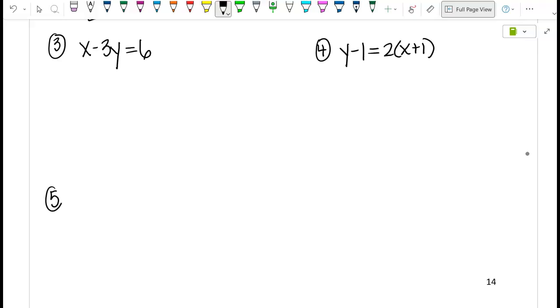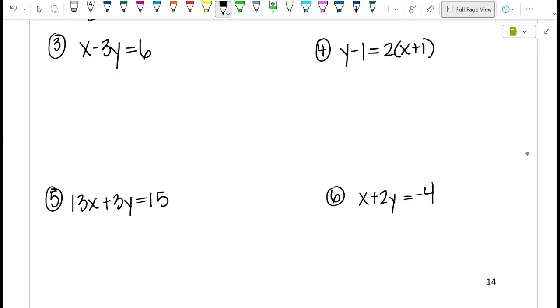Then number 5, 13x plus 3y equals 15. And number 6, x plus 2y equals negative 4. So I'm going to pause while you solve.